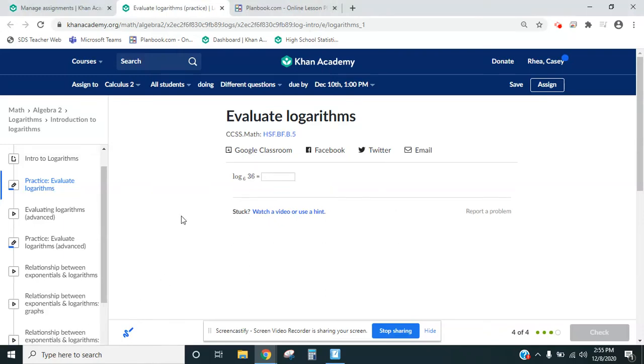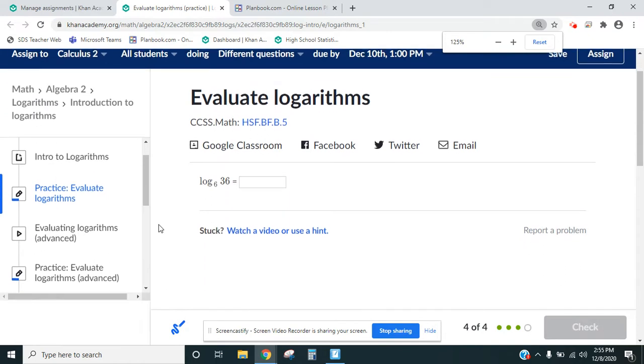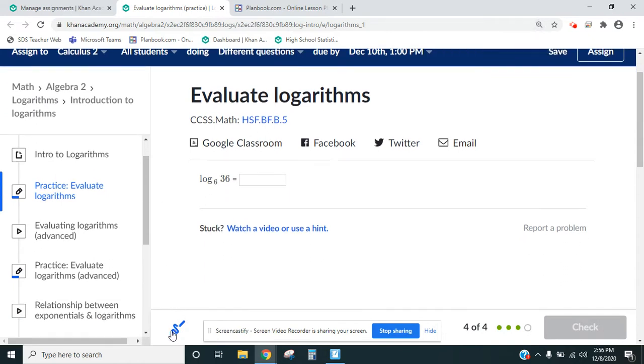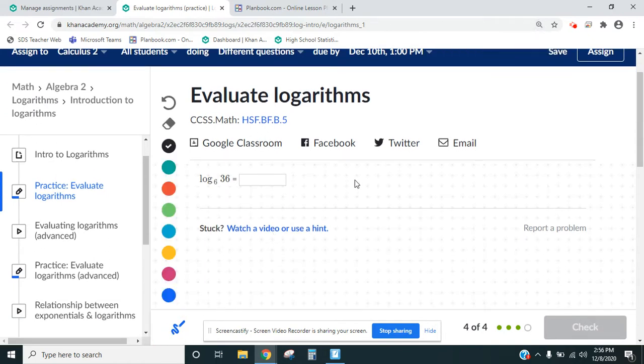All right, so the first assignment we're going to deal with today is evaluating logarithms. A logarithm is the inverse of an exponential equation. In other words, we usually know that 6 squared is 36, right?